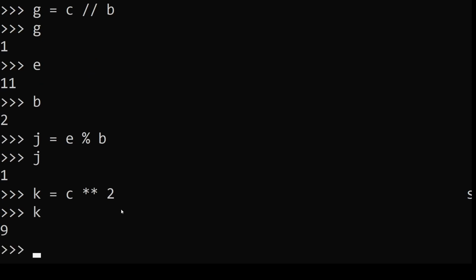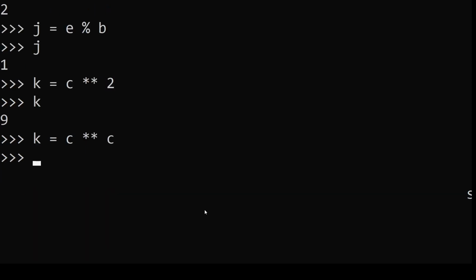K is C square, 3 square, C is 3. So 9. So suppose instead of 2, if you take 3, instead of 3 you can take a variable also, C to the power C. So 3 to the power 3. It is 27 now. Its value is changed to 27, isn't it?